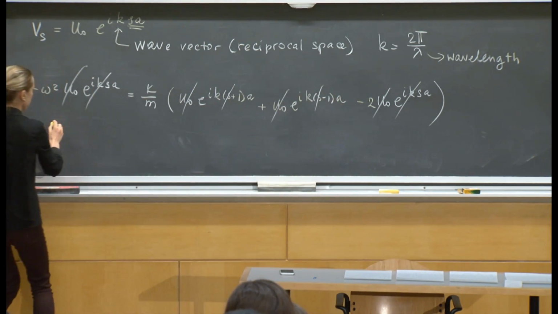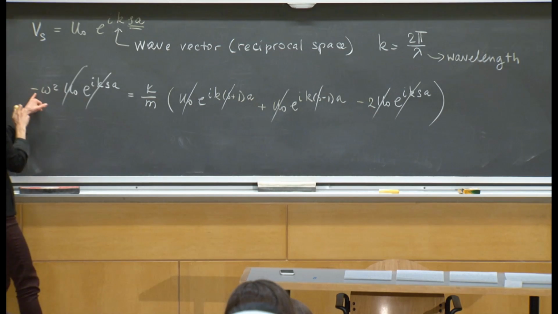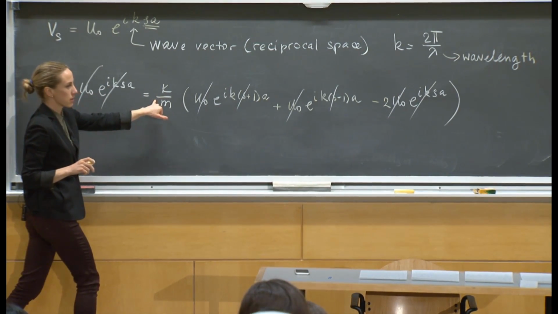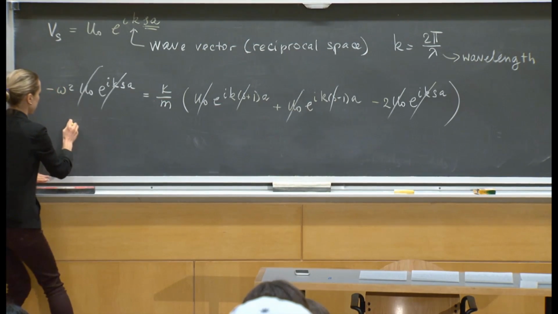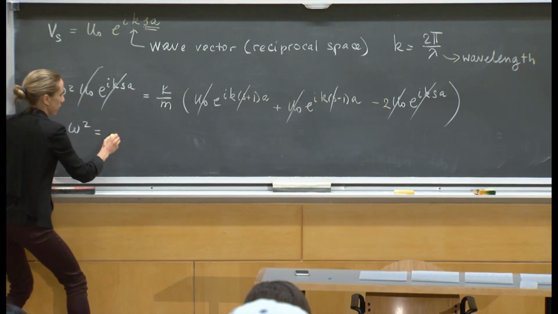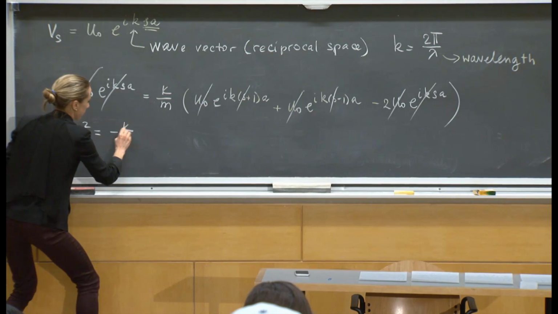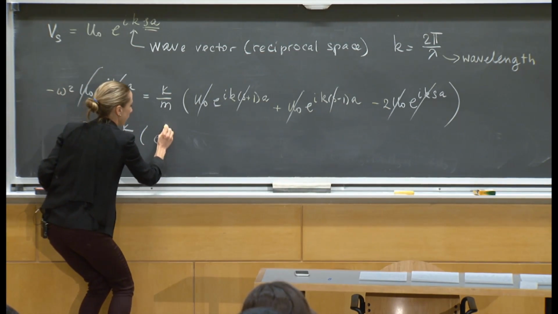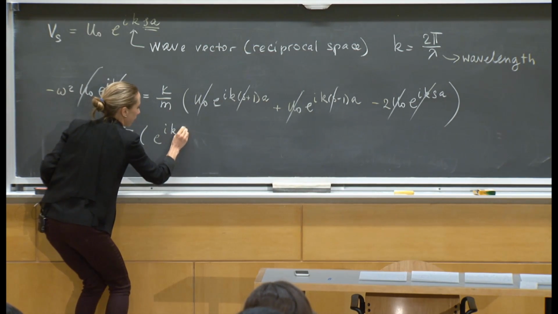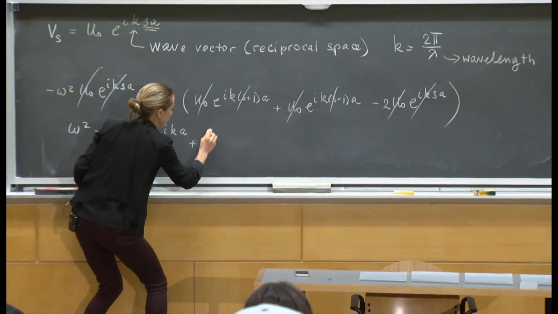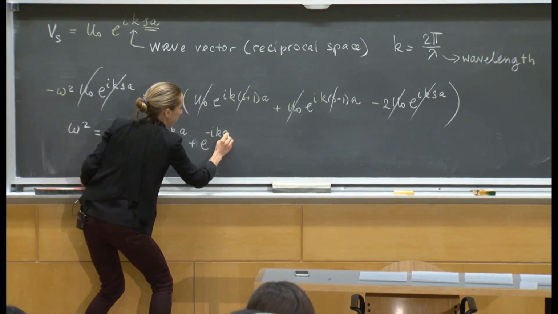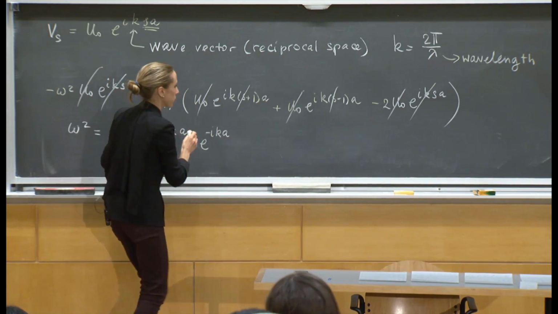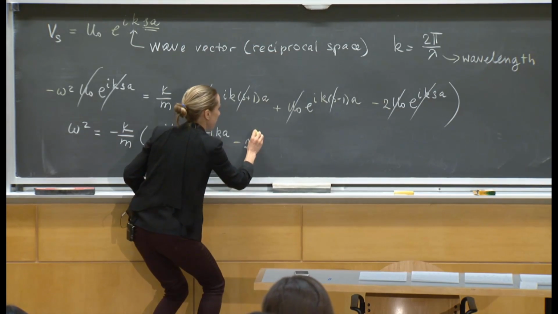And what we end up with is, I'm going to move this minus sign to this side to make my life slightly better. So I have omega squared, I have minus k over m, I have e to the i k a plus e to the minus i k a. I think, no, I'm not missing anything so far.